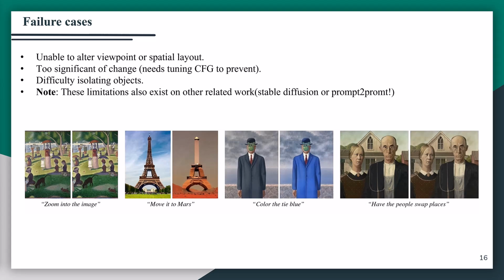I think most of these limitations are actually limitations of the data. So we can improve this by improving the data, and this limitation also exists in other related works.